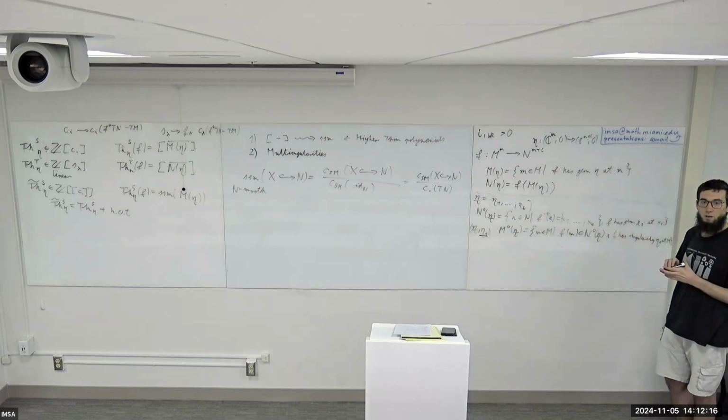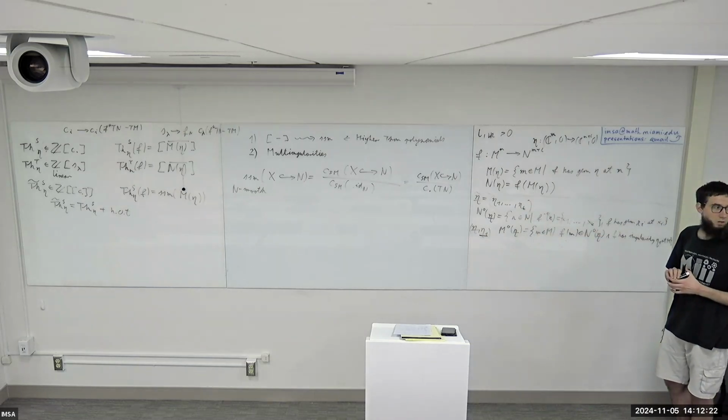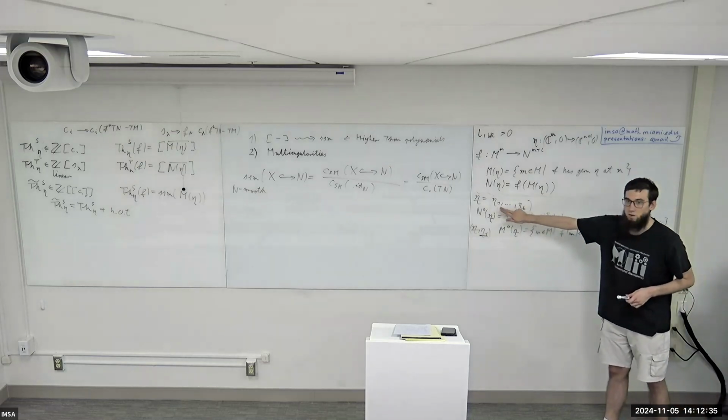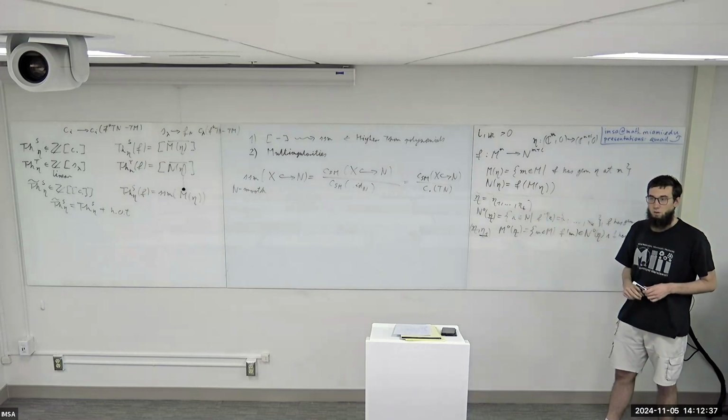Sorry, and this doesn't see the relative position of the different branches, right? If I say regular and regular, it doesn't matter if they are transversal or tangent, right? Okay, no, because I specify singularities in the source.